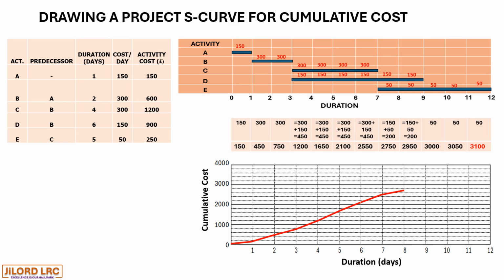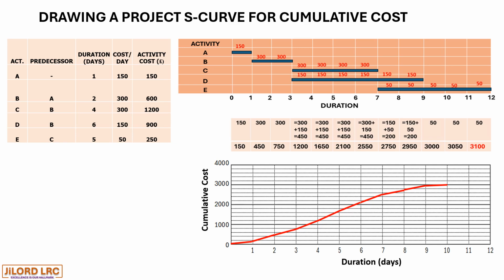For day 9, we have 2,950, and that is also marked on the graph. For day 10, we have 3,000, and this is also marked on the graph.